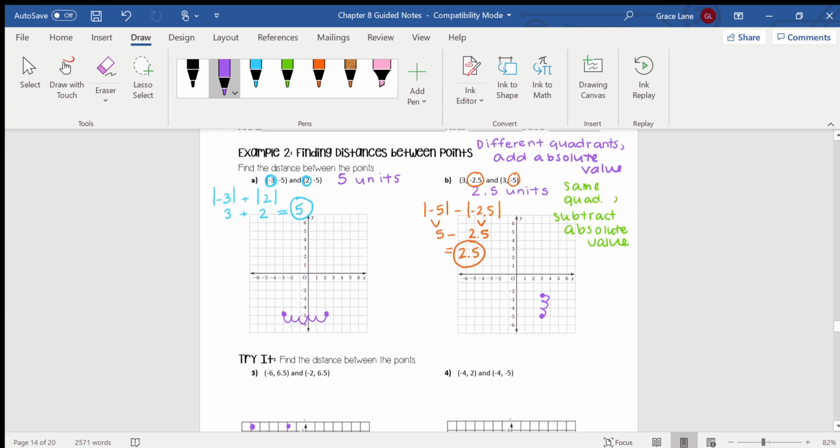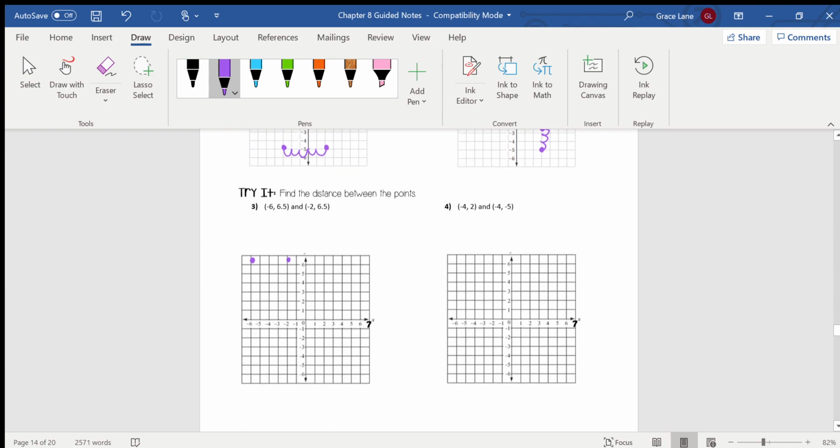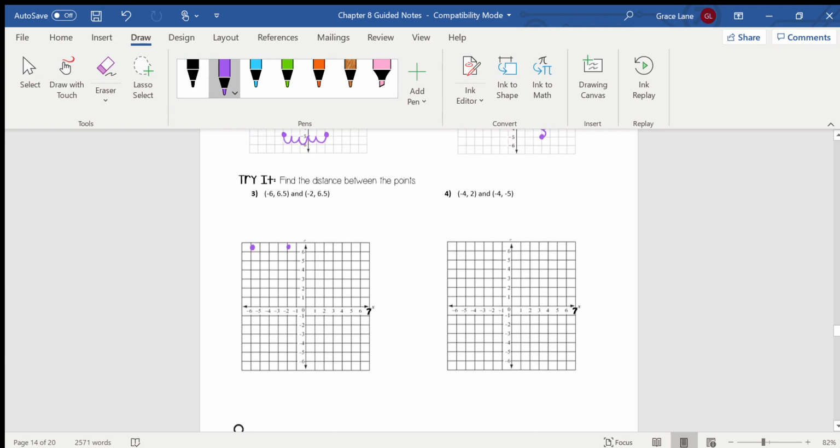These are in the same quadrant, so you can subtract the absolute values. We don't want the 6.5 because those are the same, so you're subtracting these two. So -6 minus the absolute value of -2. So figure out what those are equal to, which would be 6 and 2, which is 4.